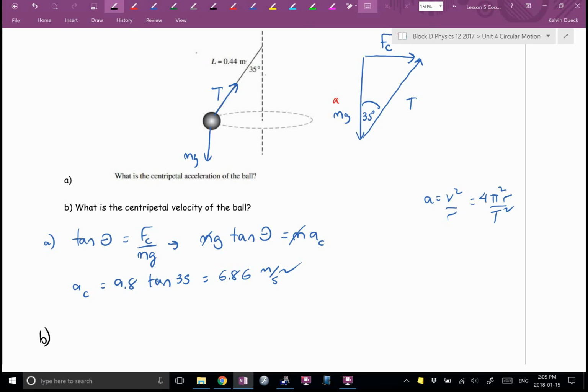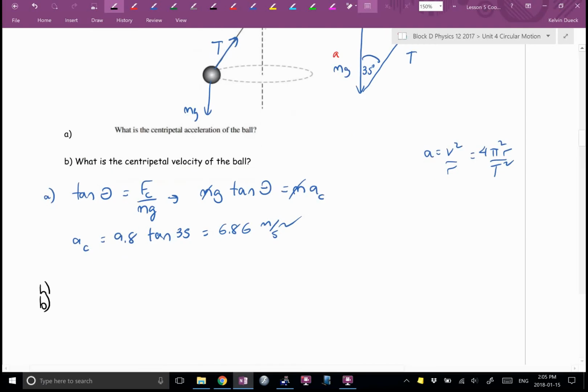Well, I could either find it, don't write this down, I could either find it by going v squared over r. Do I know A? 6.86. Do I know r? No. So let's file that away for a second. Or I could go 2 pi r over the period.